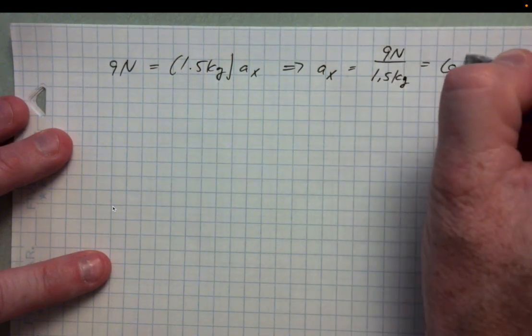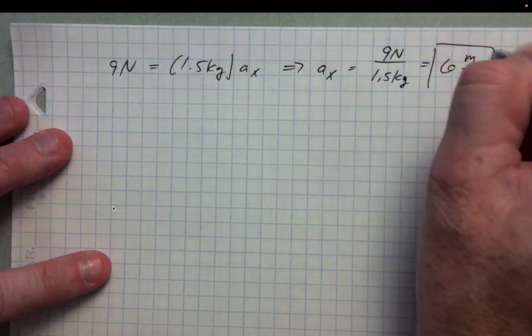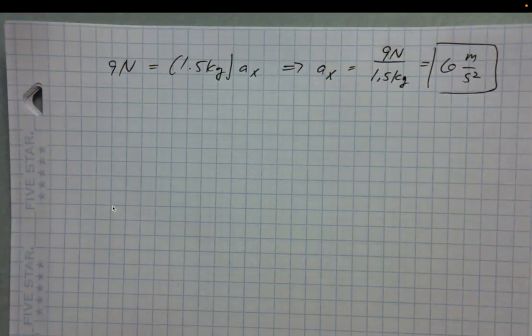And you get 6 meters per second squared. Okay, so that's the acceleration of the whole system. Makes sense, right? The whole mass is 1.5. It's accelerating as a single object. So that's what the acceleration must be.